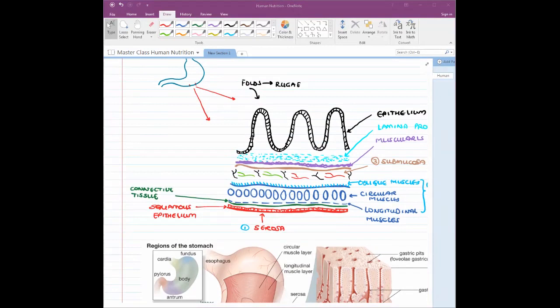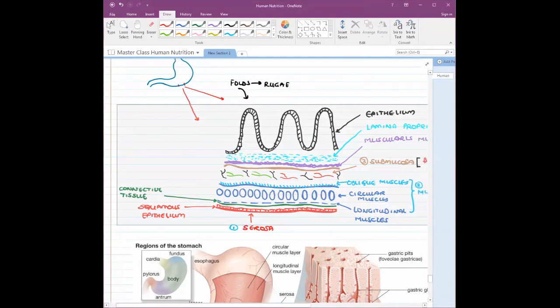So now the next thing we're going to see is the TS of your ileum, guys. Let's see how the TS is going to be, because here we are going to see a little bit more stuff. Just to give you an idea, this entire thing is going to repeat once again.